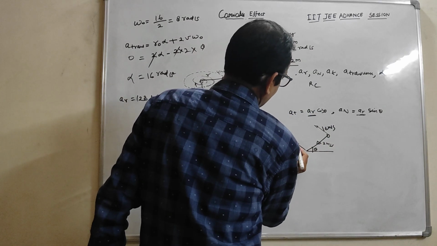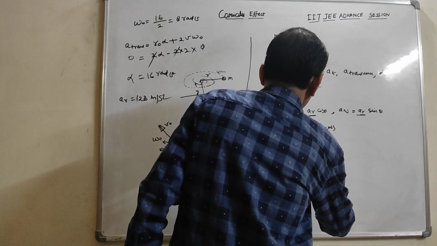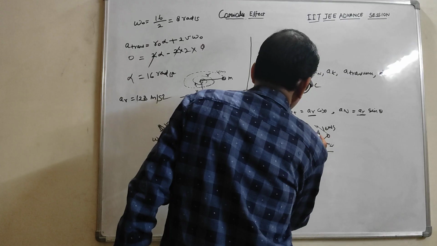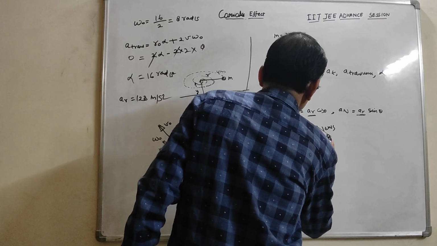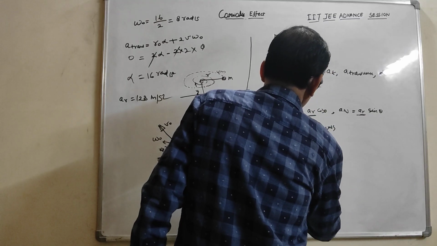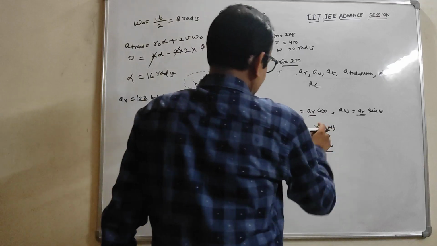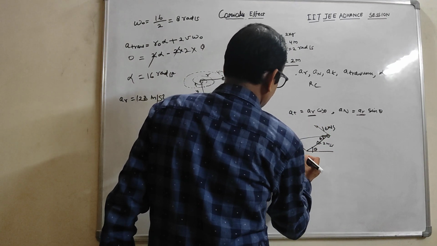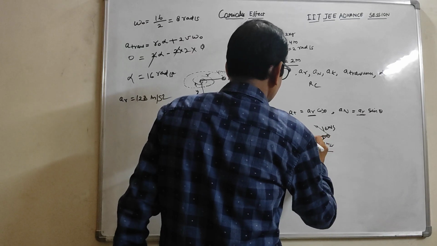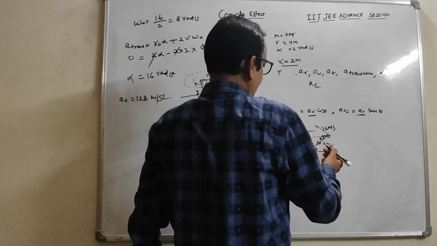Draw a perpendicular here, like this, so this angle is theta, so this angle will also be theta. This distance is 16, so this distance is also 16 meter per second. So this would be the resultant. 16 squared, 256, plus 4, is 260.